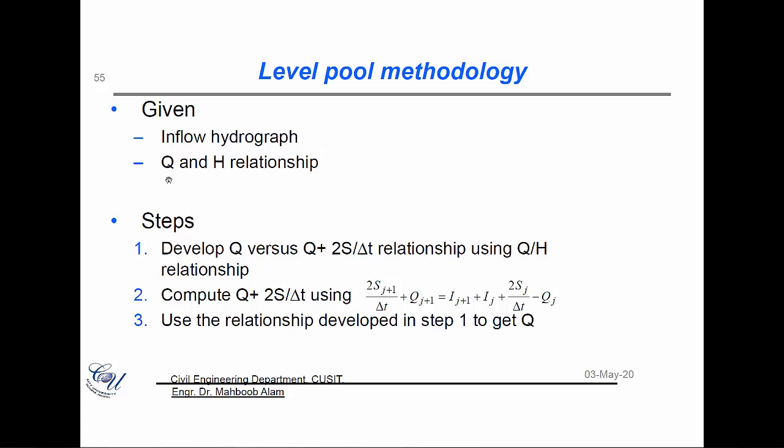And also the discharge and height relationship of that reservoir would be given to us. What we would be doing is first developing a relationship between discharge and this value, which is Q plus 2S by delta T. This would be clear when we solve the numerical.